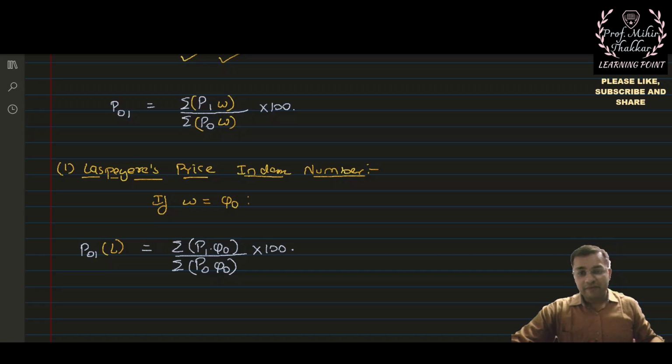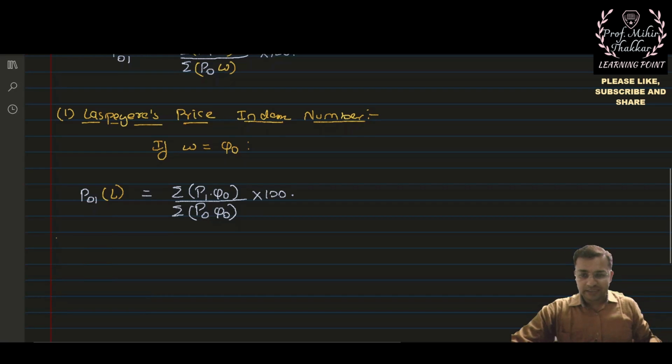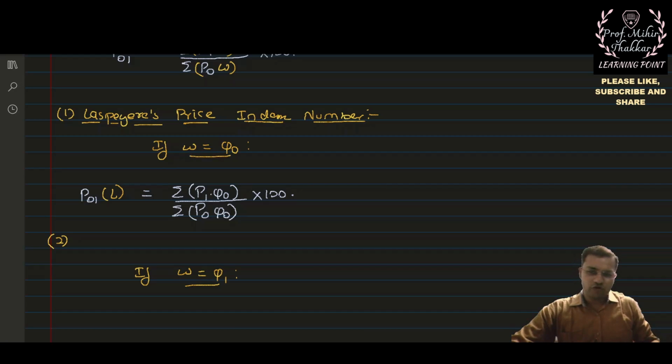In the same manner, guys, if we talk about the second one, and if I consider that the weight is Q1, obviously there are two quantities Q0 and Q1. So depending on that, we have two formulas, one for Q0 and one for Q1.